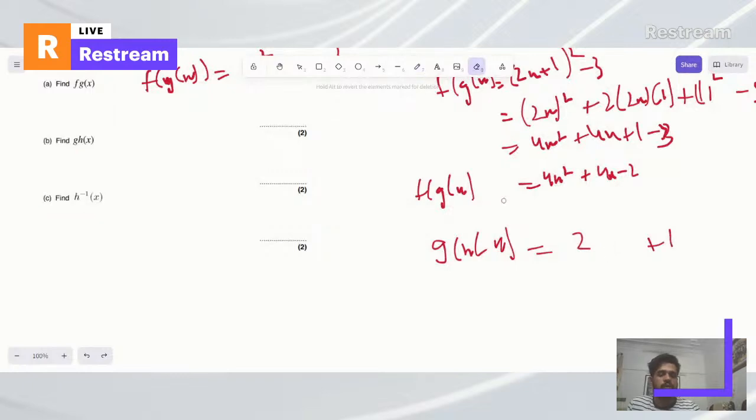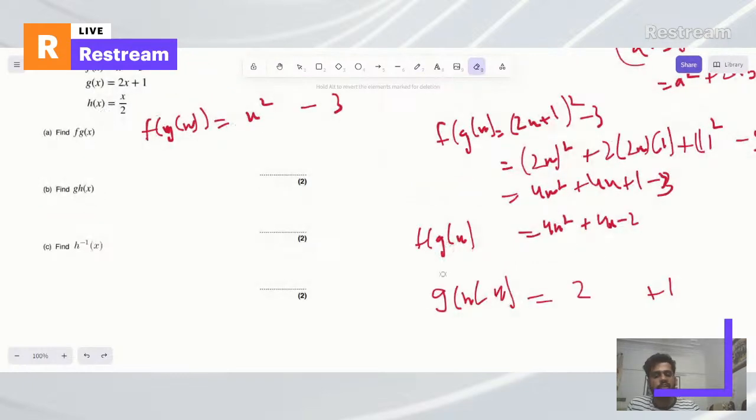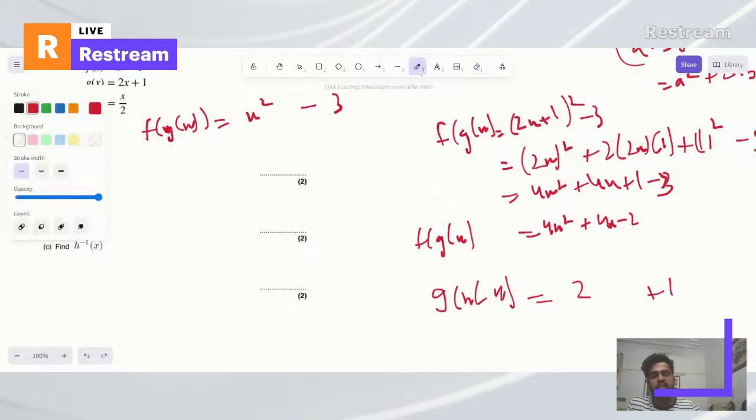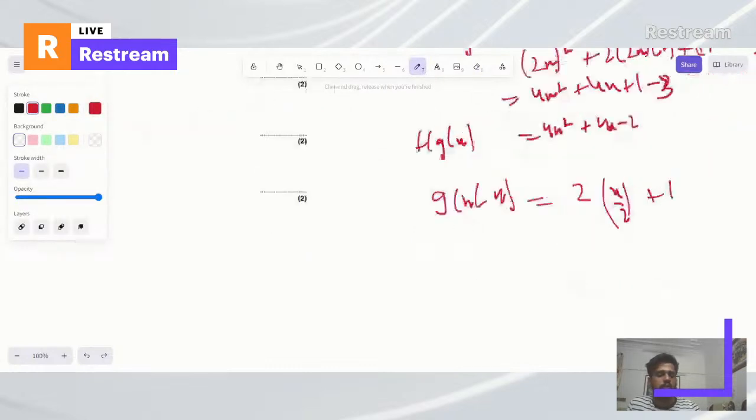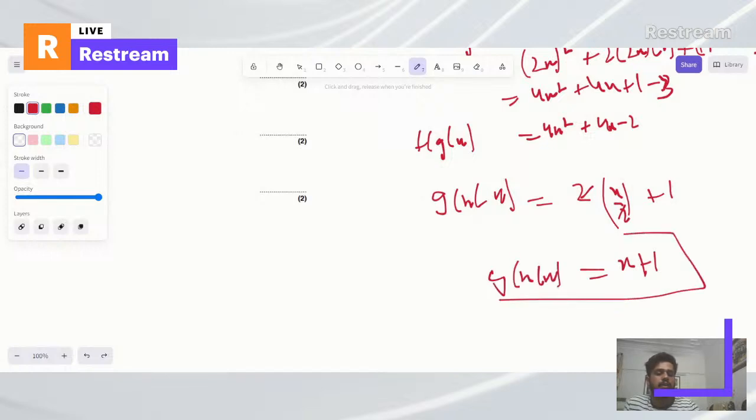Now instead of x, we're going to write down our h, because h is inside g. So it is x divided by 2. To simplify it, we're going to cancel out these two because they are both on top of each other. So it's 2 over 2, so it's basically left with x plus 1. That is our answer to gh(x).